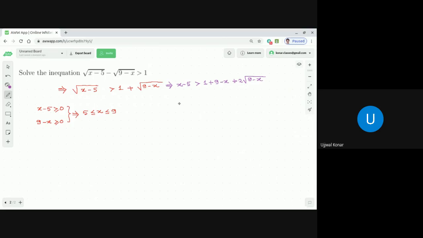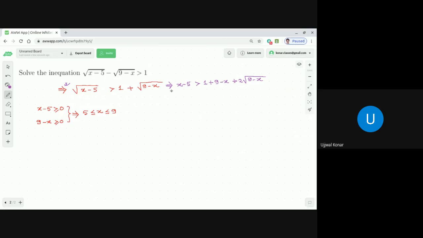Correct, not dear students? Why are we able to make a square? Because both sides are positive. Square root of x minus 5 definitely has to be positive, and square root of 9 minus x is also positive, because 9 minus x is positive. As both the sides of these inequations are positive, we are able to square it and we can keep the same inequality sign. The greater than is greater than.